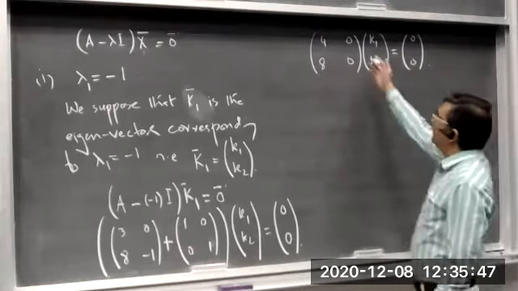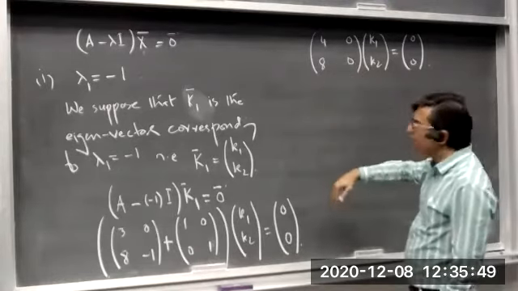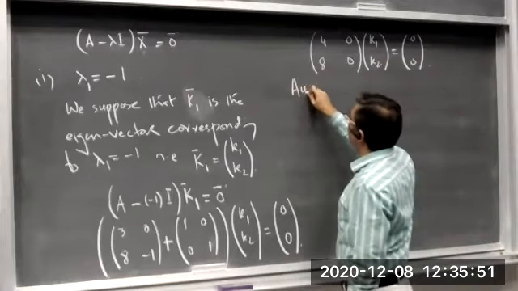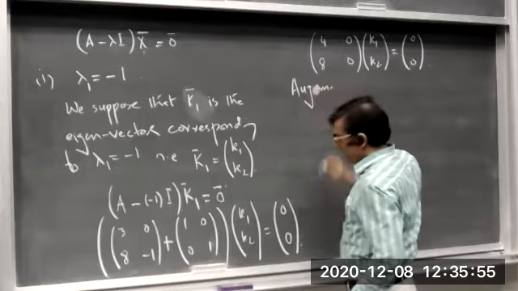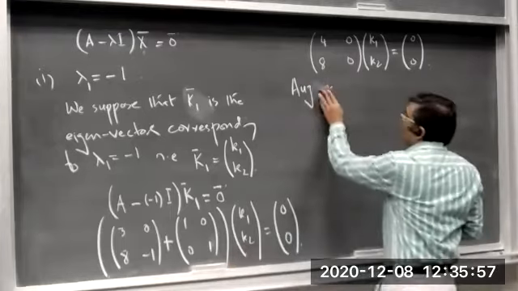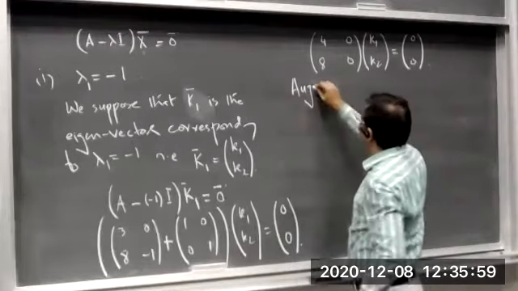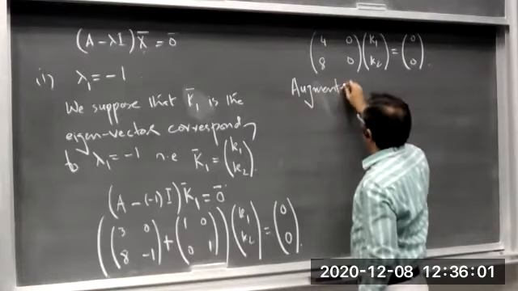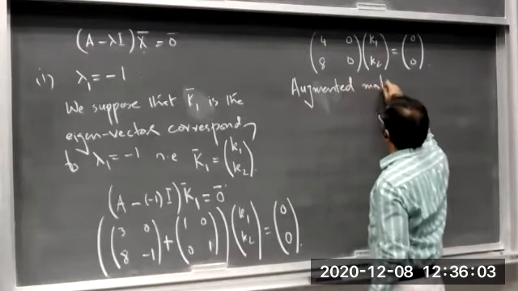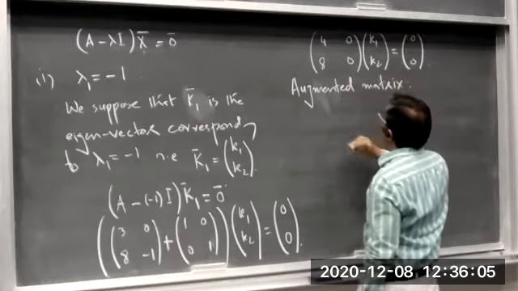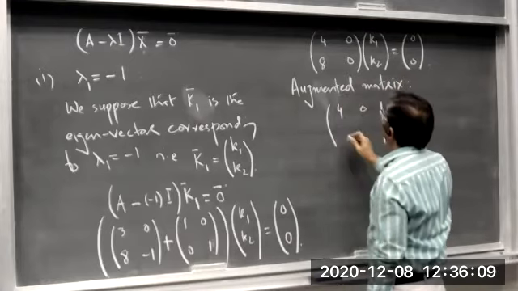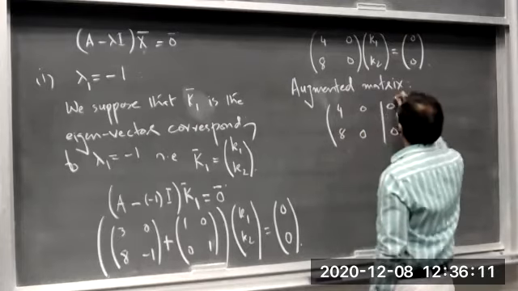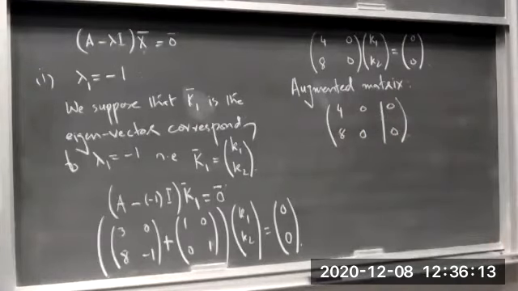How to solve it? We write the augmented matrix corresponding to this linear system, and it is 4, 0, 0, and 8, 0, 0. And we try to reduce this into echelon form.